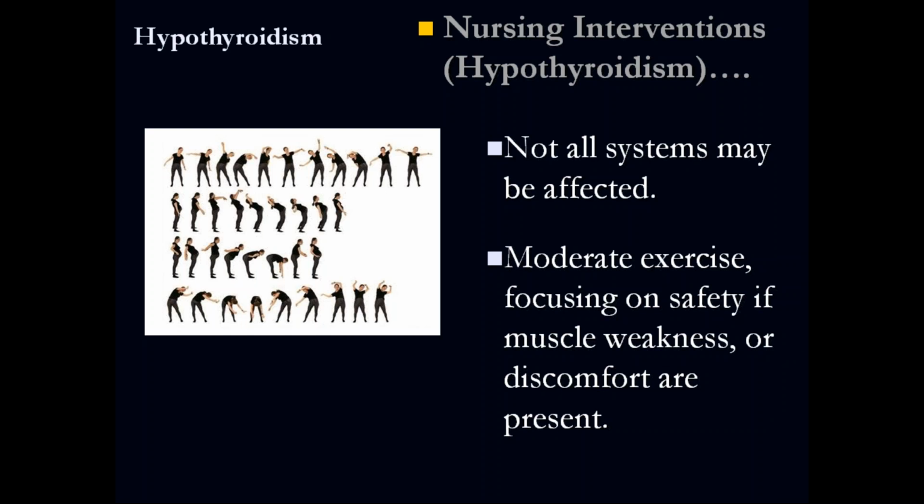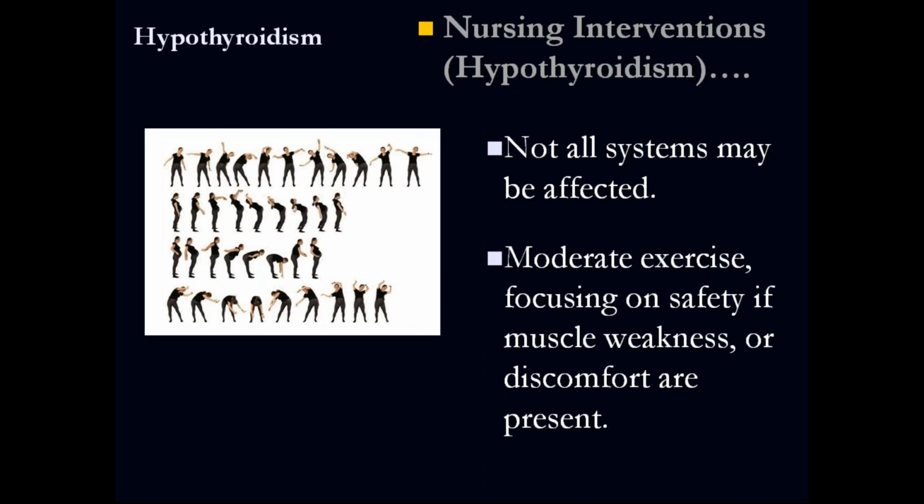One more time, the laboratory test we use for thyroid gland levels is TSH. TSH is produced by the pituitary gland, so we check the TSH and T4. We don't check the T3. Okay, so let's keep going.